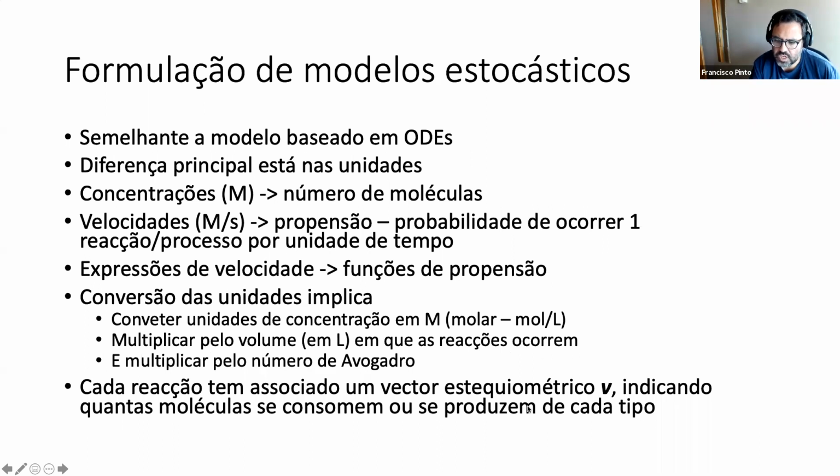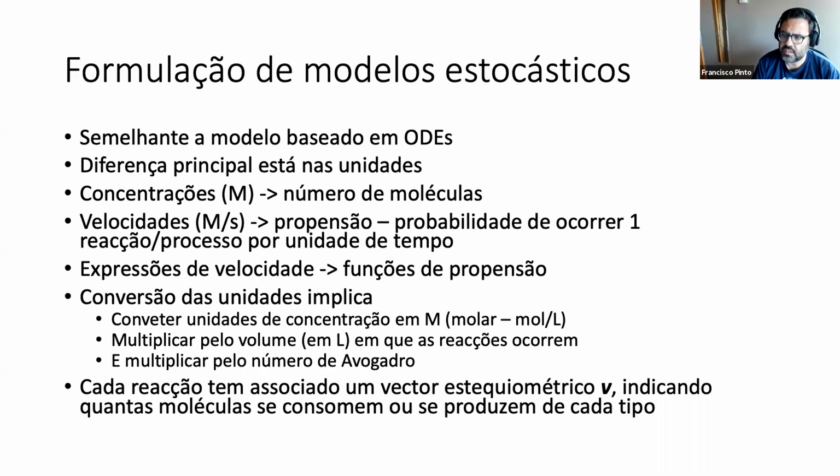You also need to have a stoichiometric vector that will tell you, for each process in the system, which variables are degraded or produced. And that is equivalent, more or less. You can get those stoichiometric vectors by looking at the differential equations or at the schema of your model.